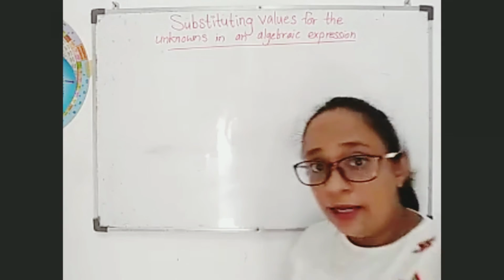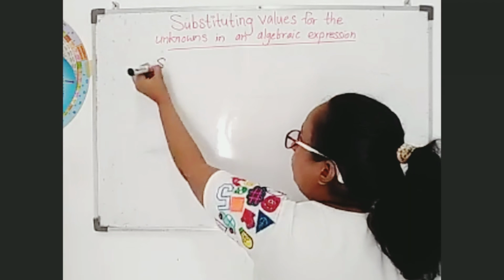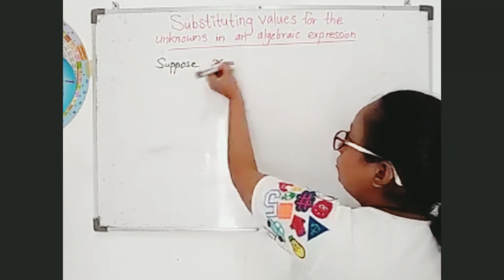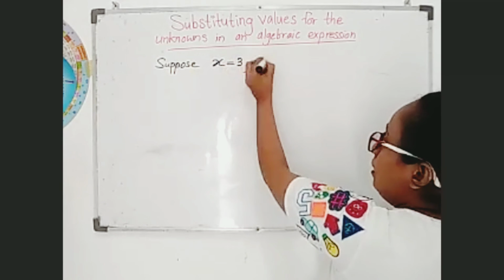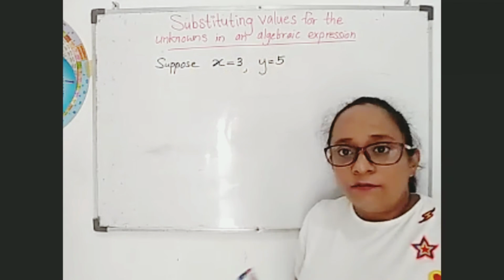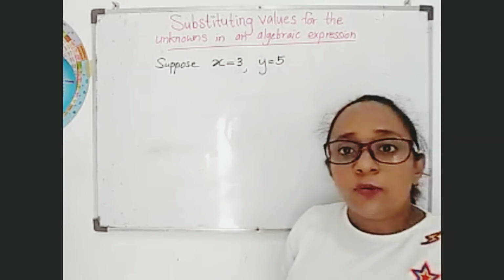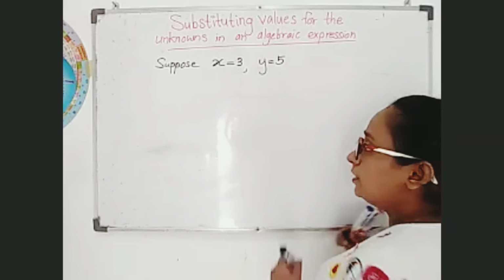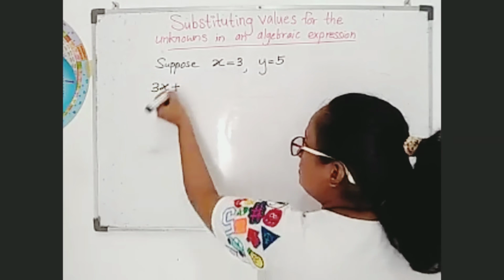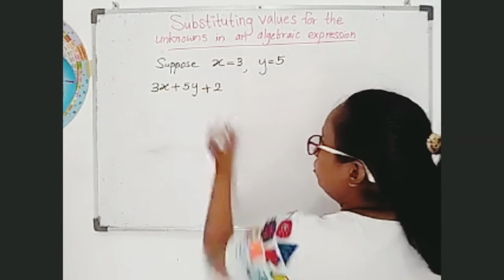So let's take an example. Suppose x is equal to 3 and y is equal to 5, and I have an algebraic expression 3x plus 5y plus 2.